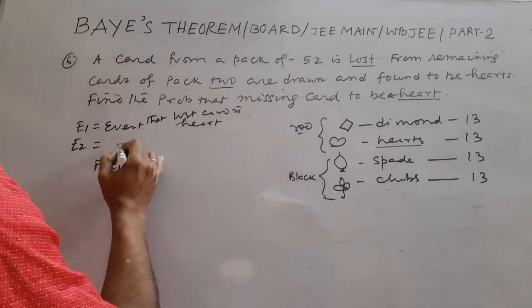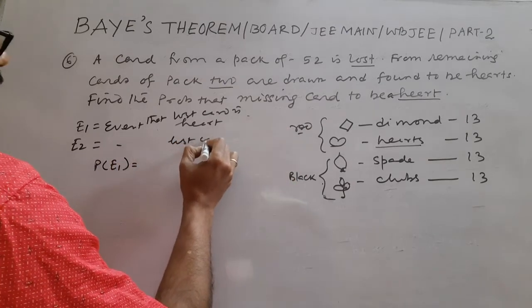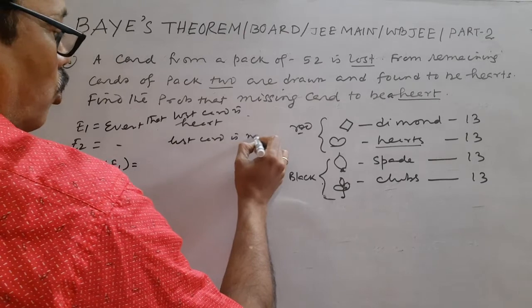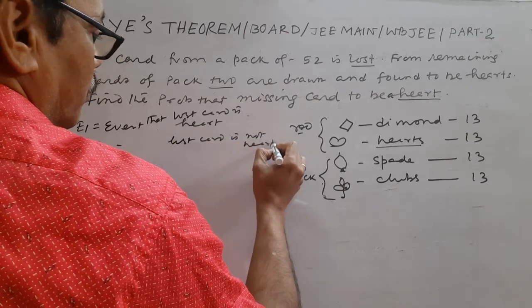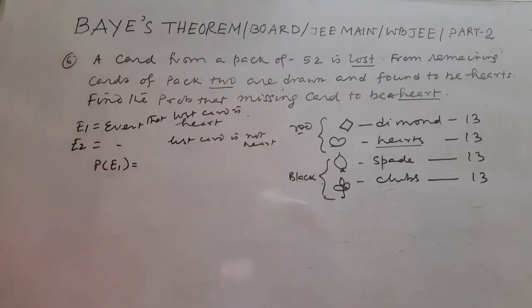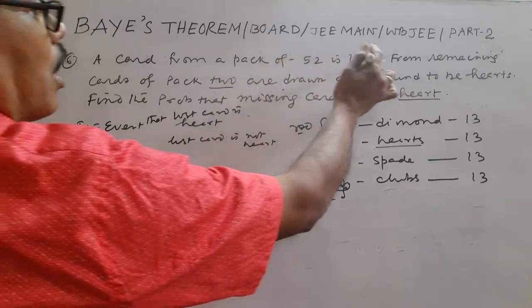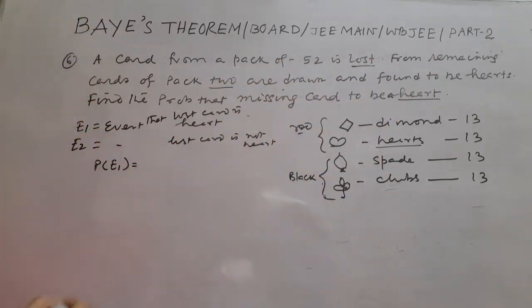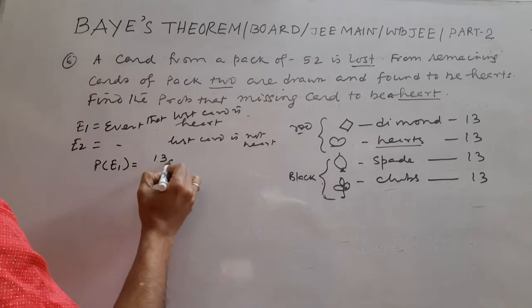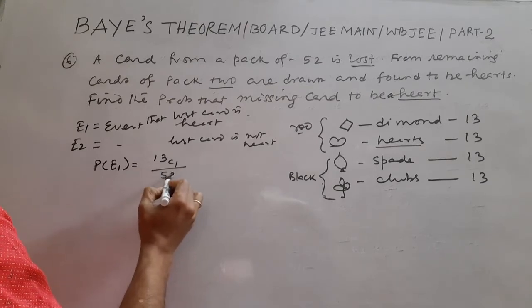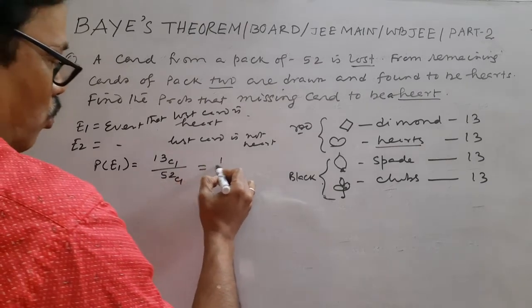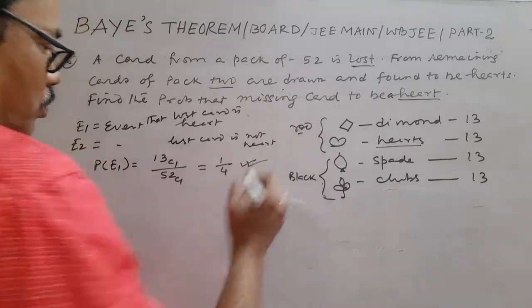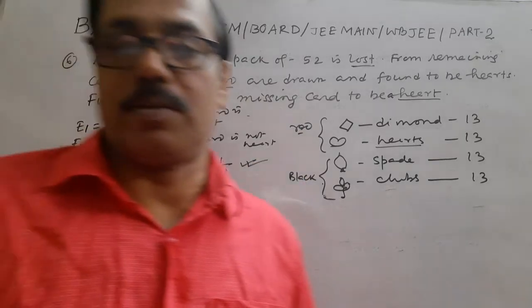E2, event that lost card is not heart. So E1 and E2, because one card is lost. So what is P(E1)? 13C1 by 52C1. So 1 by 4. So this is P(E1).